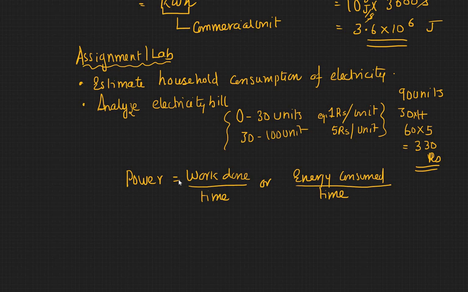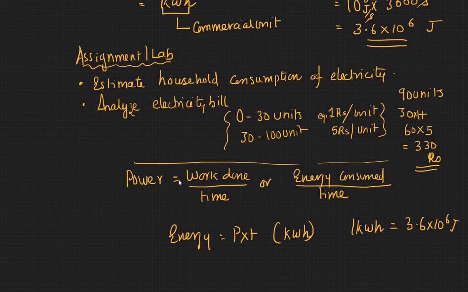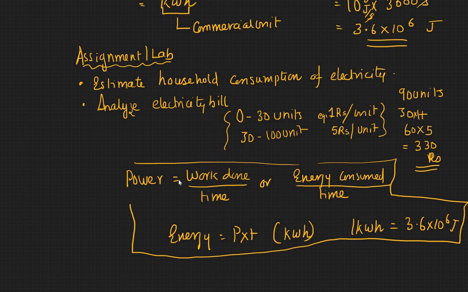And you can say energy is power into time, and the unit is kilowatt hour, and 1 kilowatt hour is given by 3.6 into 10 power 6 joules. So this would be your key summary for this unit.